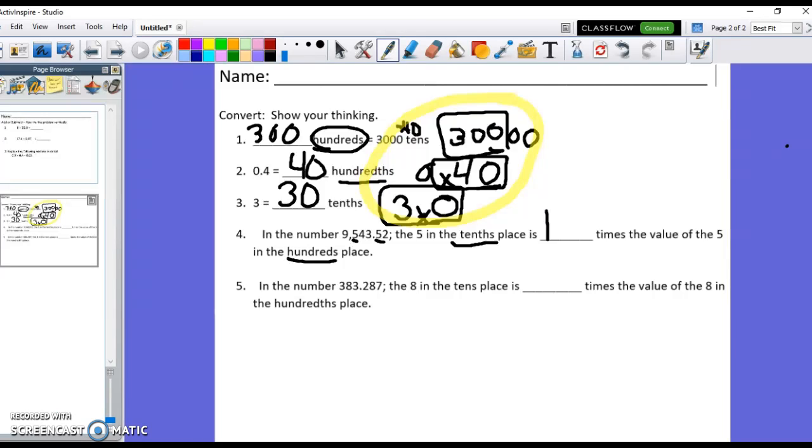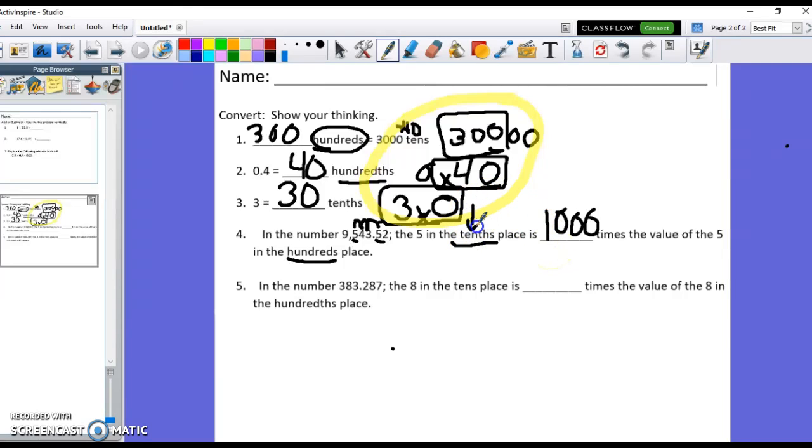Then I count the jumps from each place value. From the tenths place here, I start jumping. I don't count where I'm starting from. I have 1, 2, 3 places. So I'm going to write 3 zeros after the 1. But I'm not finished. Now I need to compare the value of the places.